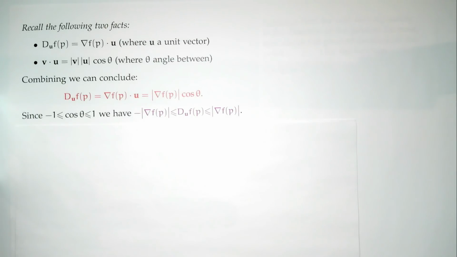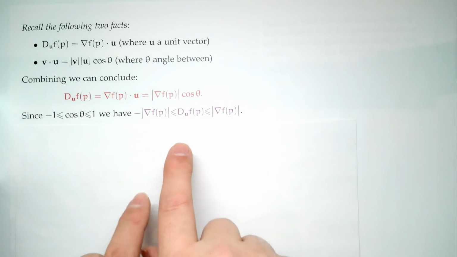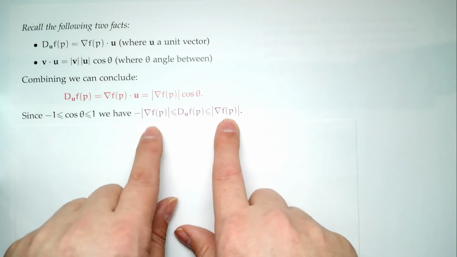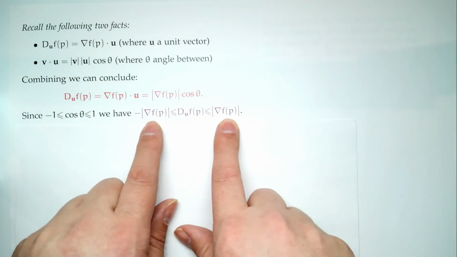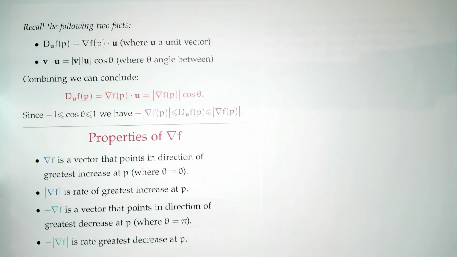Because of that, the directional derivative is always between negative the magnitude of the gradient and positive the magnitude of the gradient. So from this, we can now establish a couple of properties about the gradient. So here we go.